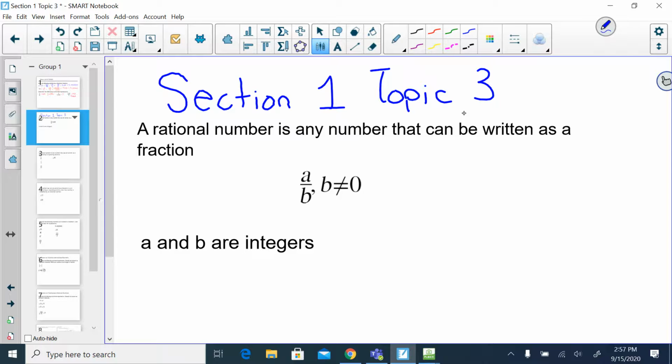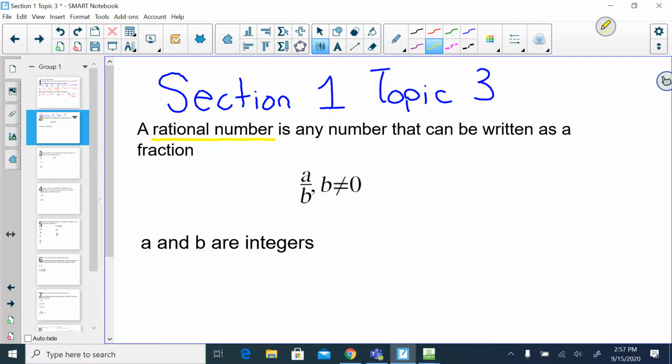A rational number. Okay? A rational number is any number that can be written as A over B, where B is not equal to 0. Okay? And remember, B is in the denominator part, and the reason why B cannot be 0 is because that's going to be an undefined number.